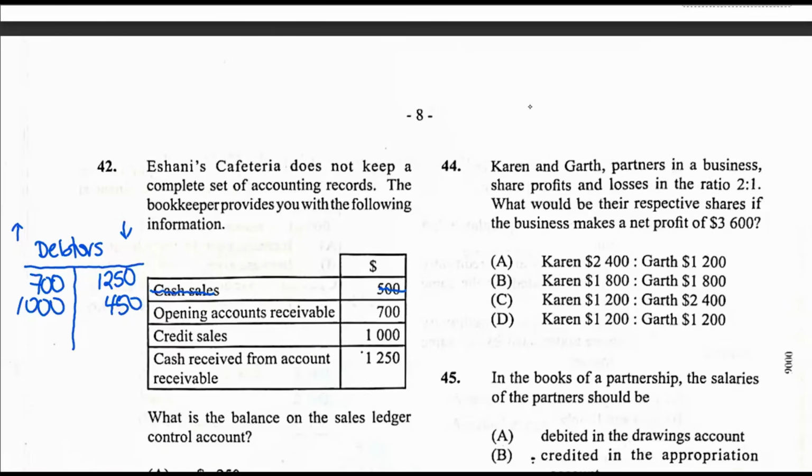Now, 2-1 still means Karen will be getting 2/3 and Garth will be getting 1/3. Great. Let's see what their respective share of profit is going to be. Karen is 2/3 by 36. And Garth will be 1/3 by 36.